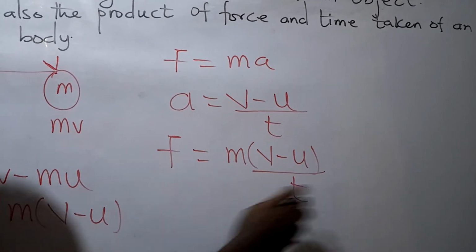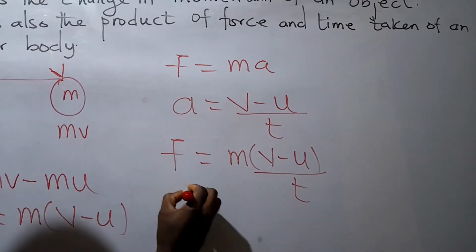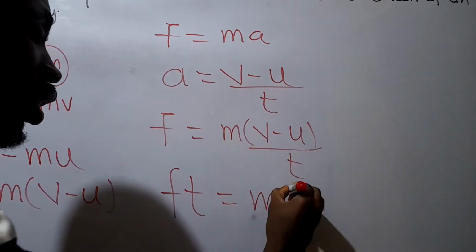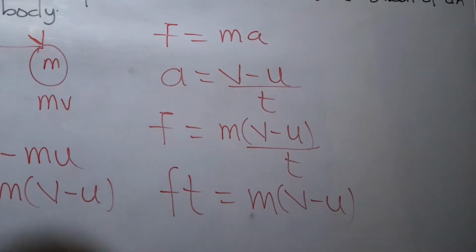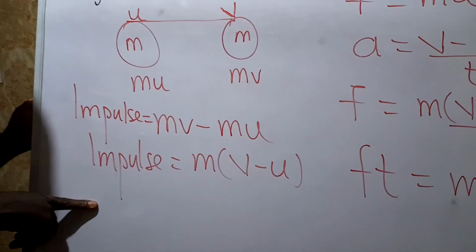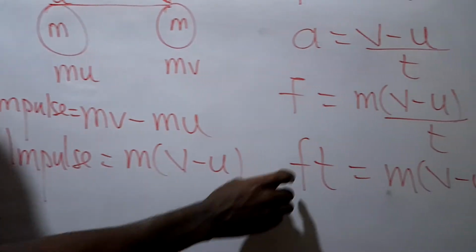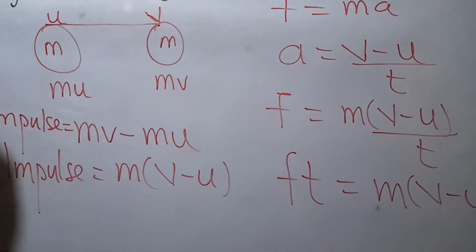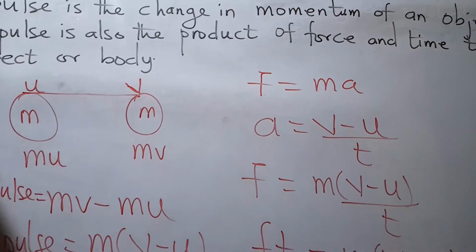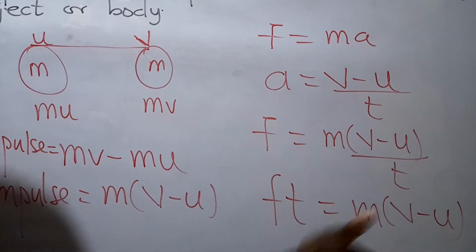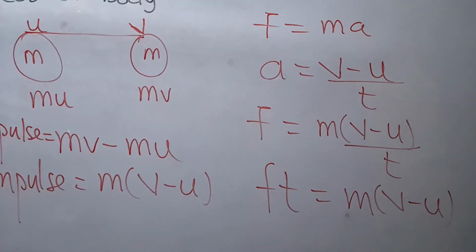Now I'll multiply both sides of this equation by t. I'll have Ft is equal to m times (v minus u). Now m times (v minus u), remember, is impulse. And we have force times time, and it is equal to that. Then we can say that impulse is also a product of a force and time. So impulse is a product of force and time, and a change in momentum. I hope you get that.